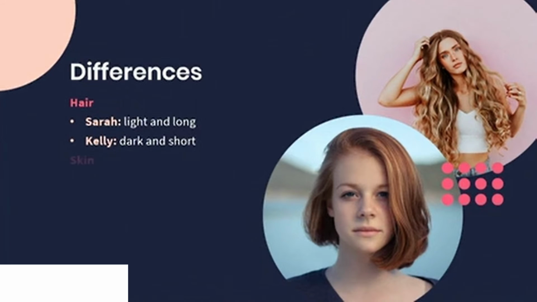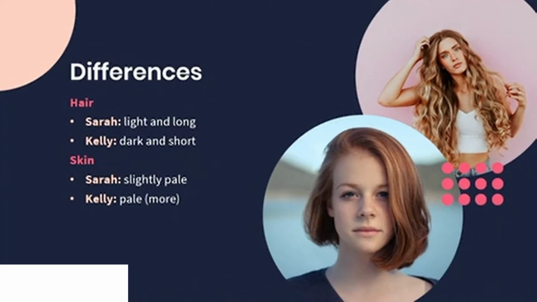Now let's talk about Sarah and Kelly's skin. We've already mentioned that Sarah has slightly pale skin, and I used the mitigator slightly there to make it clear that Sarah's skin isn't that pale, but it is a little bit pale. Kelly is also pale, but probably more so than Sarah.